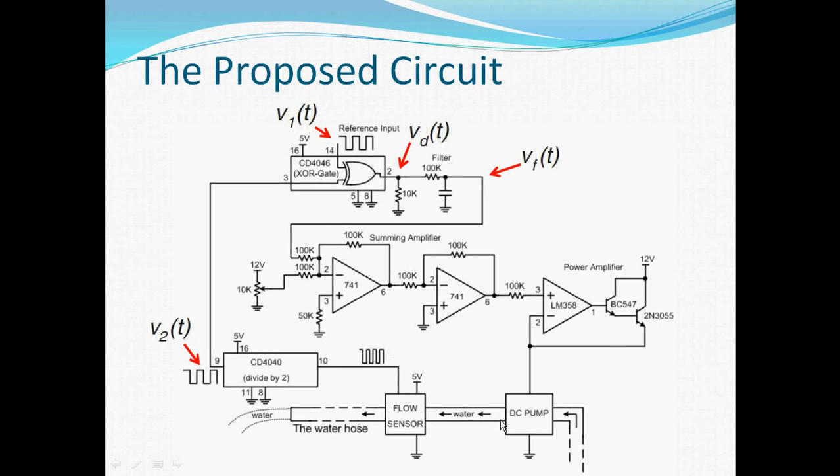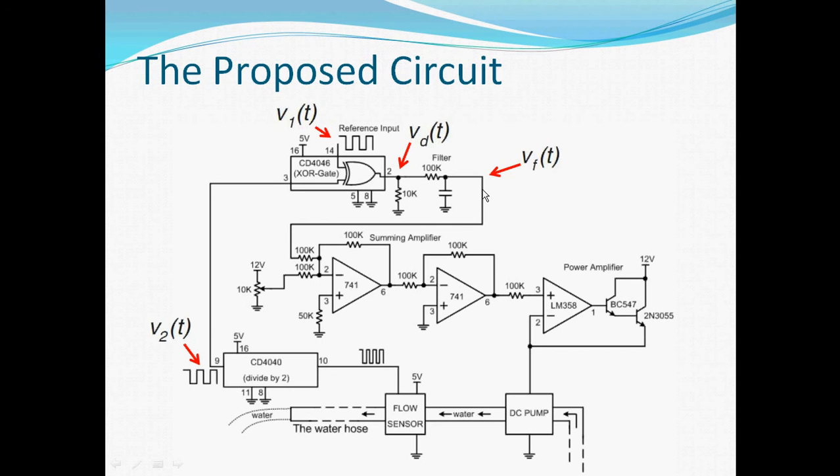From the principle of the phase lock loop, the VCO implemented by the combination of the DC pump and the flow sensor must be running at frequency omega 0 when there is no difference between the phase of the reference signal and that of the VCO output.